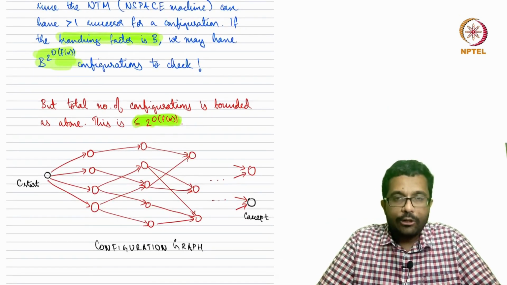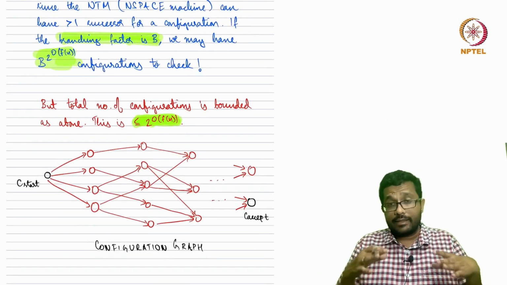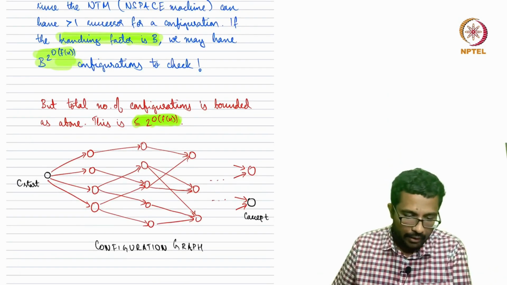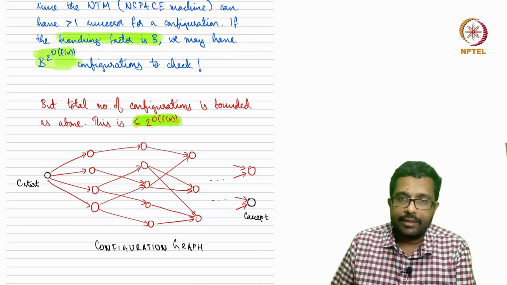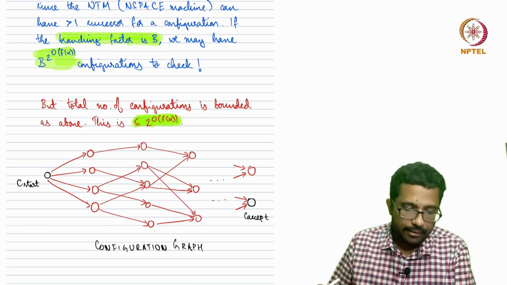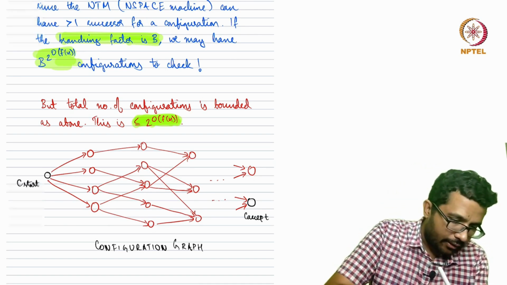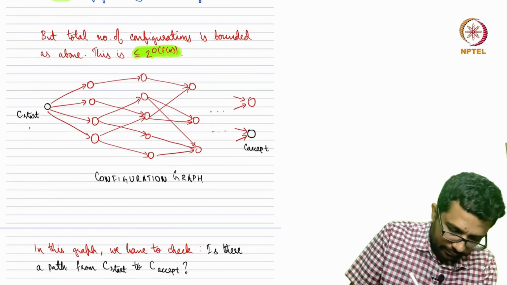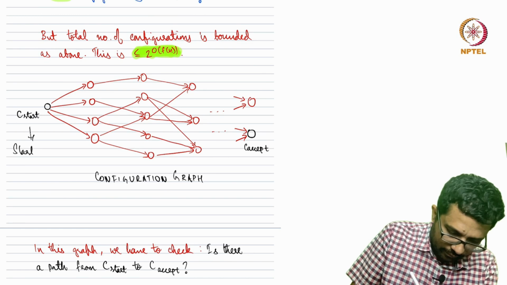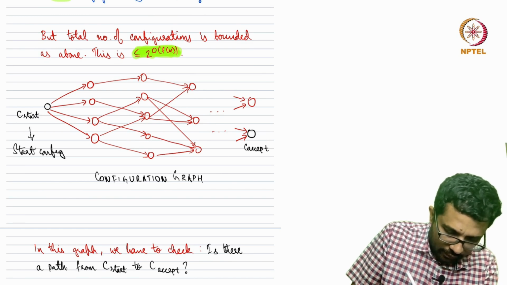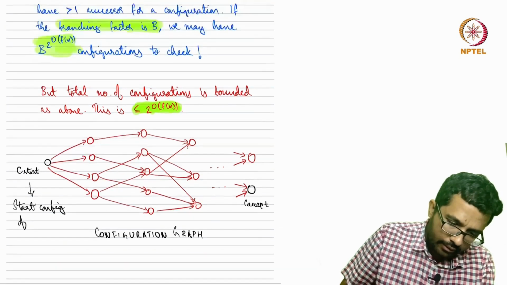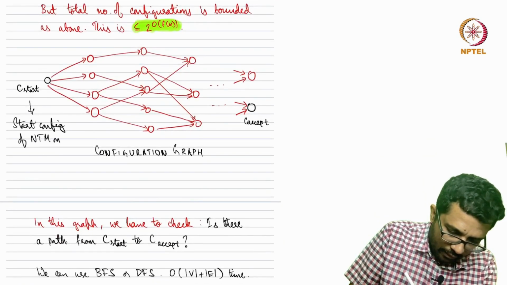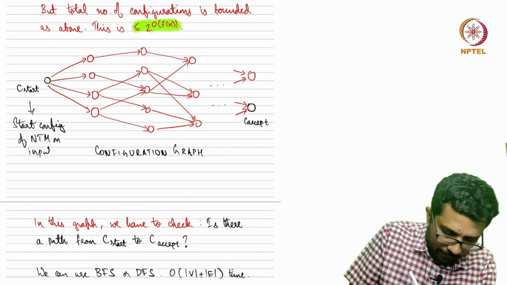Instead, we can look at the entire set of configurations as a single directed graph. We have C start, the starting configuration of the NTM on the input.